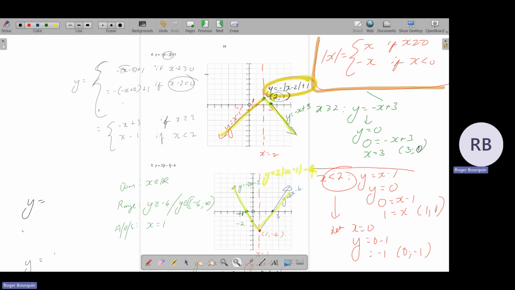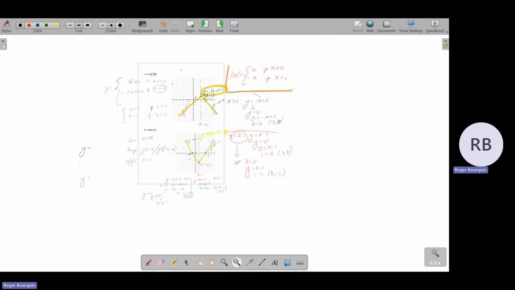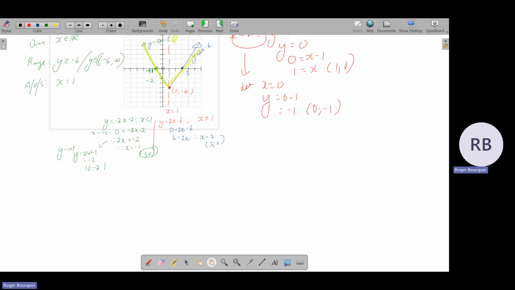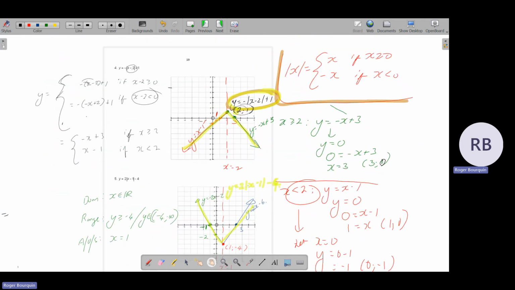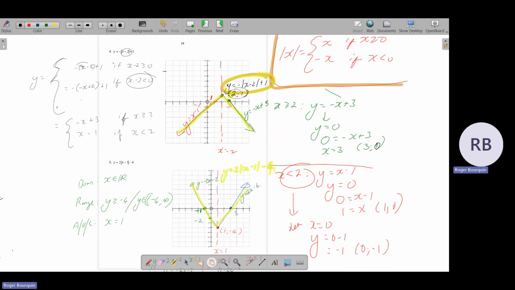So the x changes to negative x, minus 2 changes to 2, because in the question it was negative x plus 2. So then you change the sign for the second one.